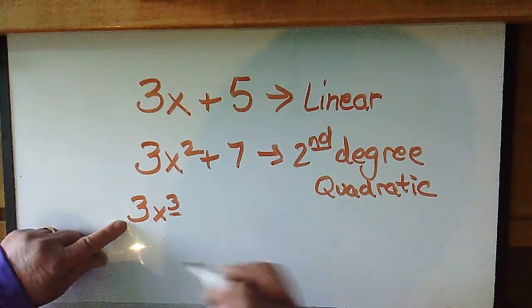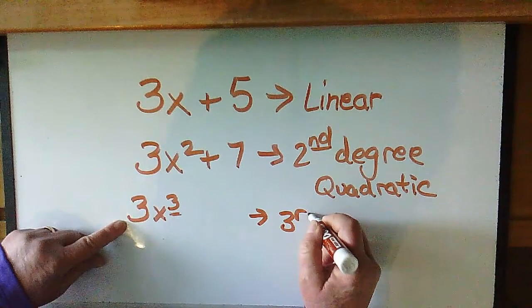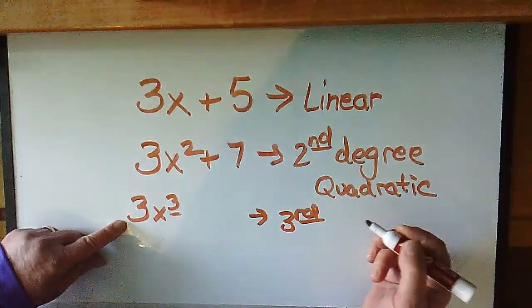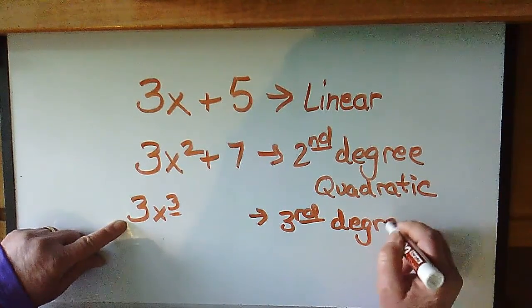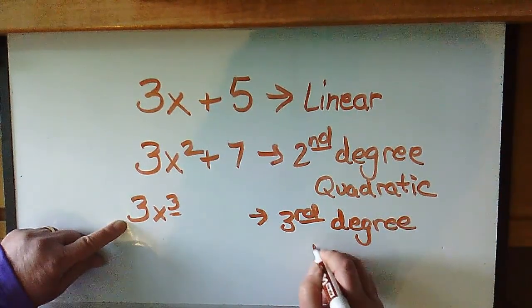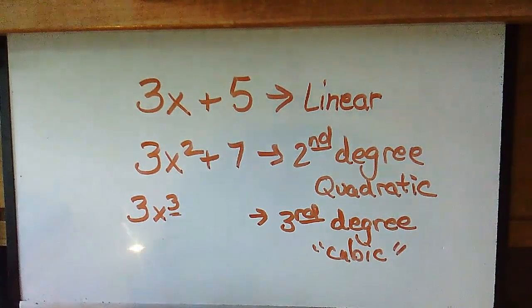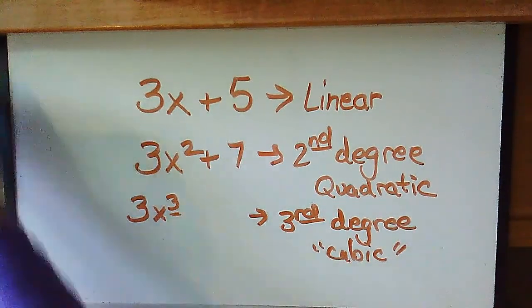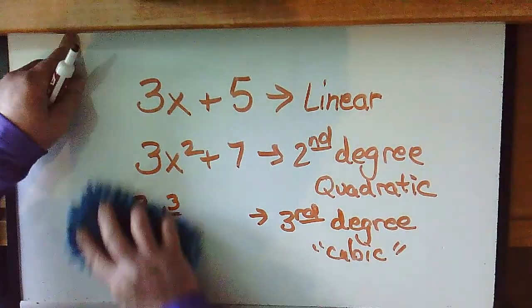So a third degree polynomial has a name. It is called a cubic. And they also give special names to the next two degrees.